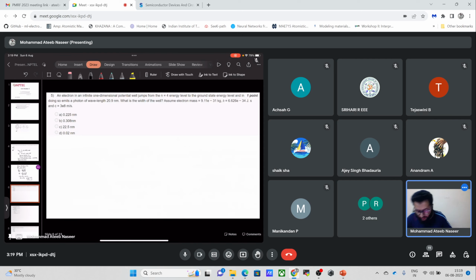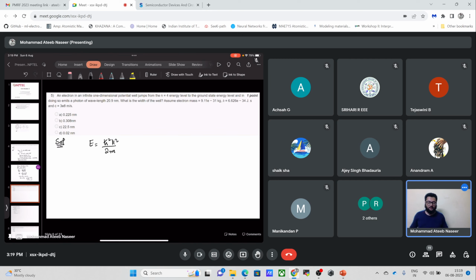You must have gone through this previously, that whenever we are solving for the energy of this infinite potential well, it comes out to be equal to h bar square k square by 2m.